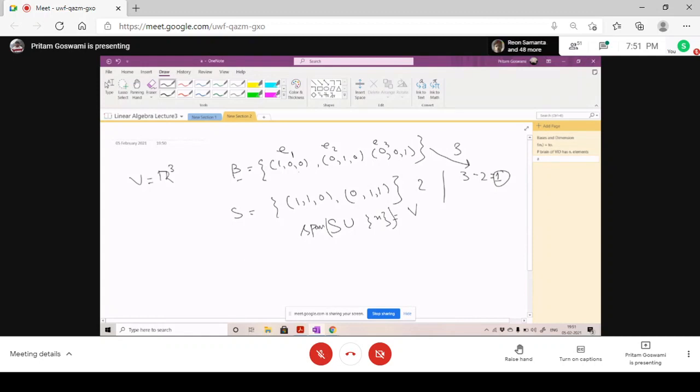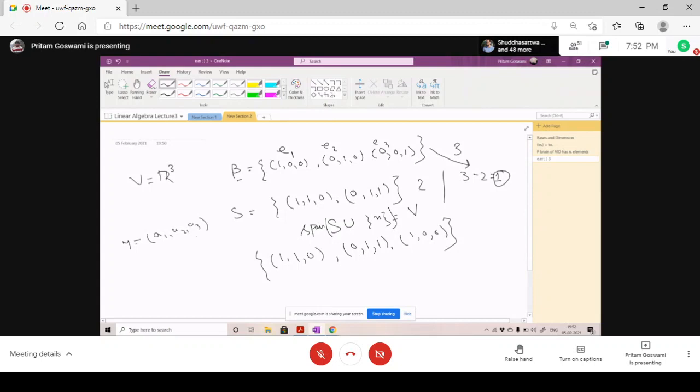So can you give me an element from here that, together with S, will generate V? E1. E1, right? So you are saying that if I add (1,0,0), I will get the whole V.